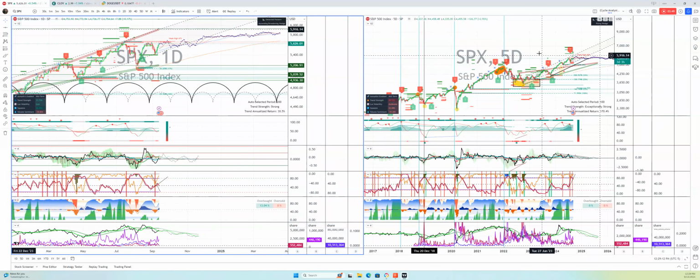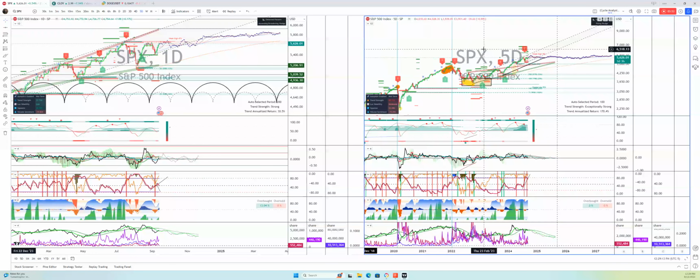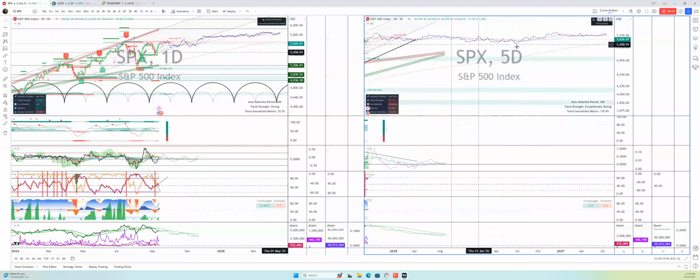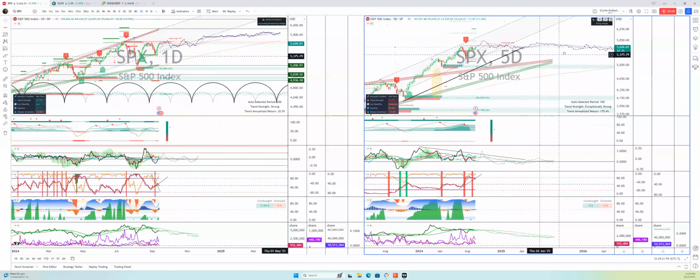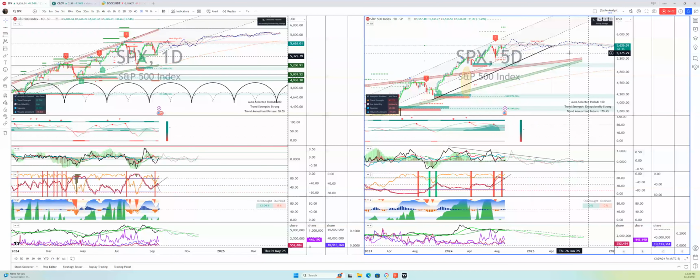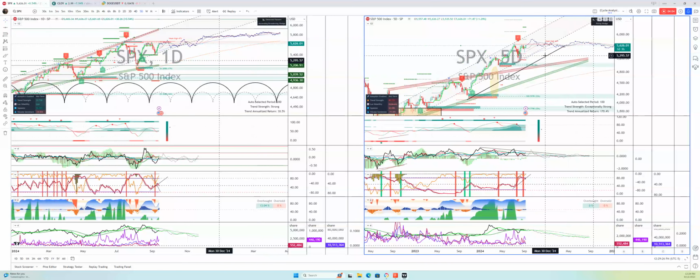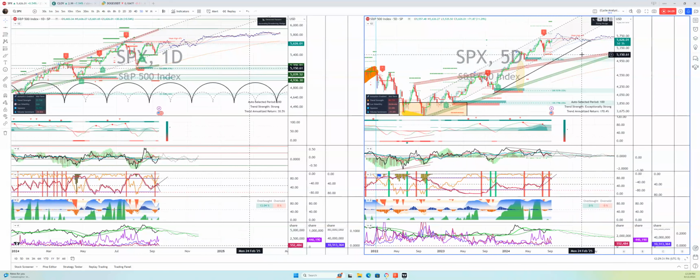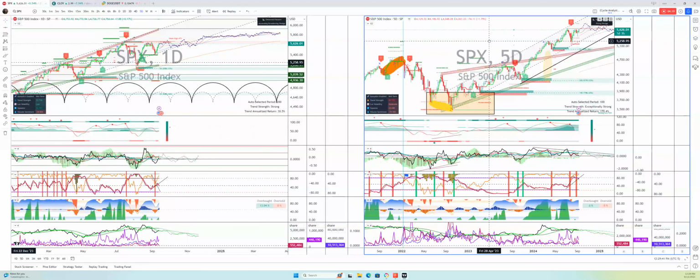So what it looks like, see how this rising trend right here, the short interest, and then it fell off a cliff right there, right?